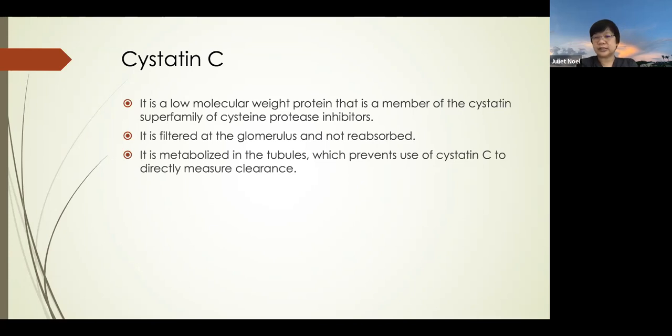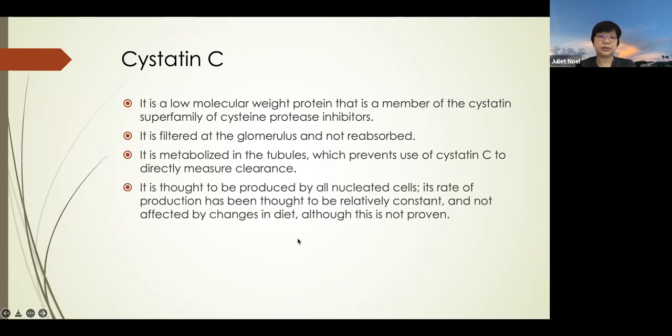So that's the reason why, since it's metabolized in the tubules, we cannot use it for clearance, cystatin clearance. It means urinary clearance. We cannot, because it is an underestimation, no? Because it is metabolized in the tubules.